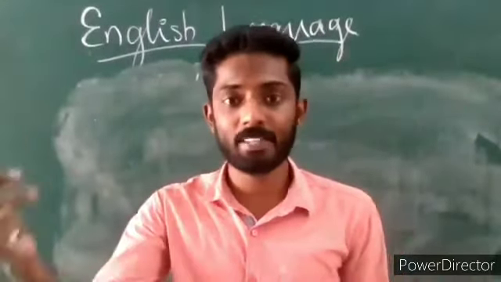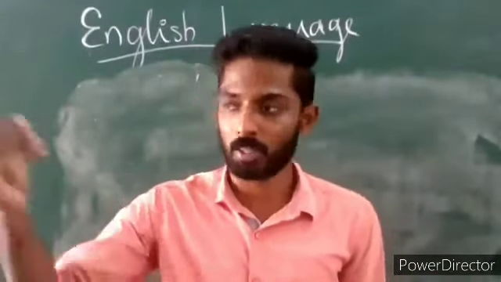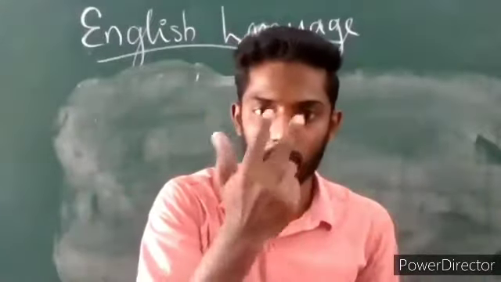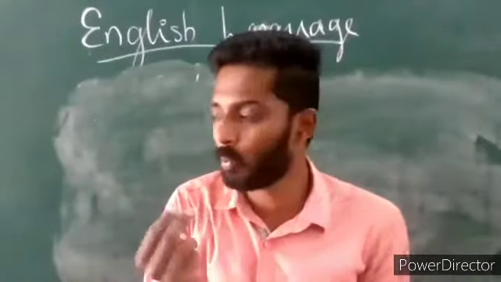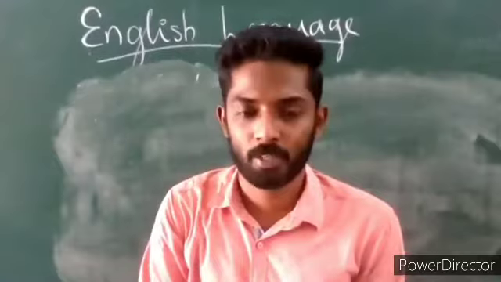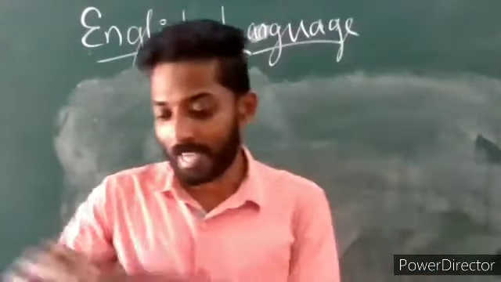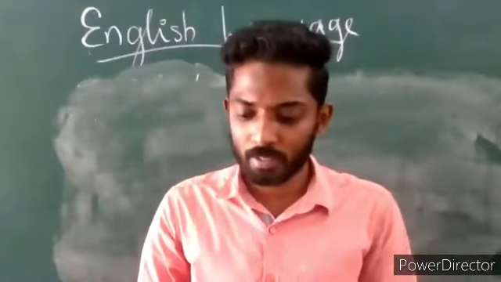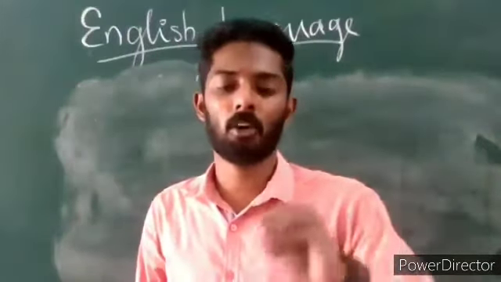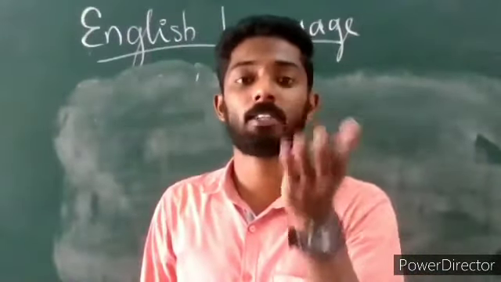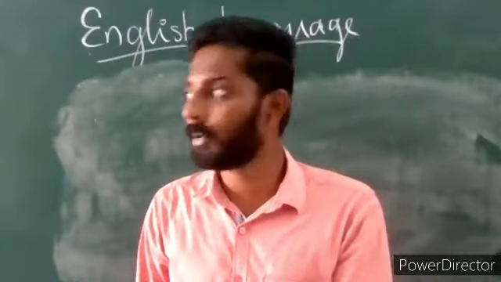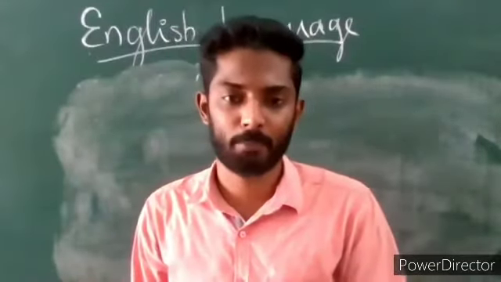What does it mean? The things we hear, the things we see, and what we smell, and so on. All these things become stative because they describe a state, not an action.